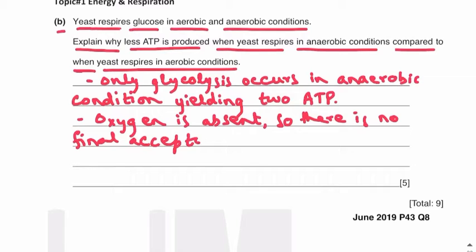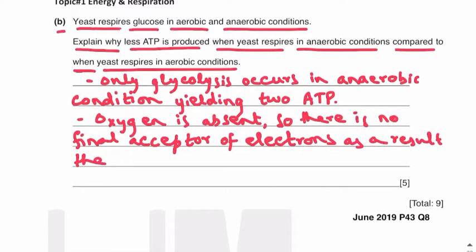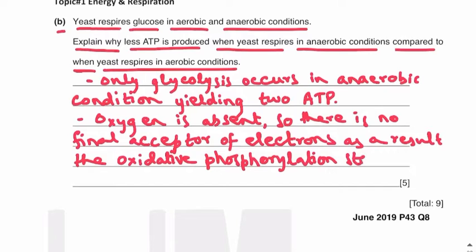As a result, the oxidative phosphorylation stops. And what happens because of that? As we all know, most ATP are formed in oxidative phosphorylation.